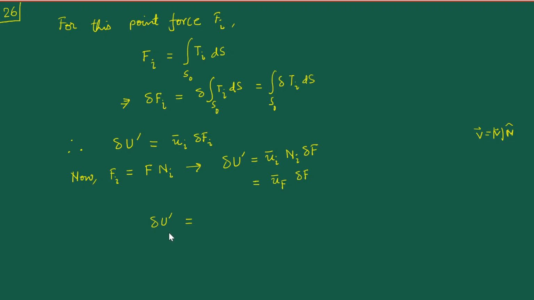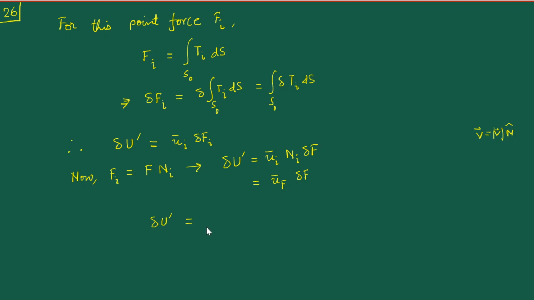Now what I want you to think is that this strain, whatever it may be within the body, manifested in terms of the deformations and everything, is ultimately occurring as a result of the application of this force. And you note that we are considering very much the variability of this force. So is it not possible to write the connection directly between this complementary energy and the variation of that force?